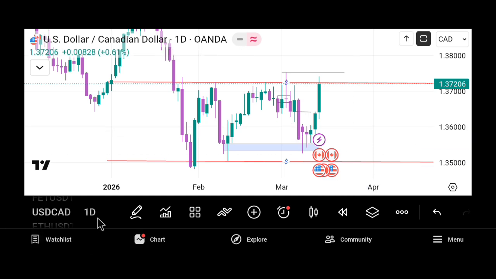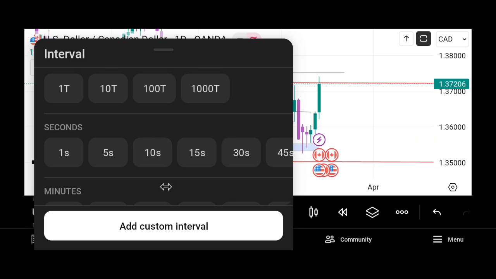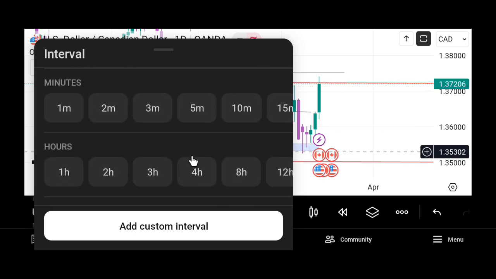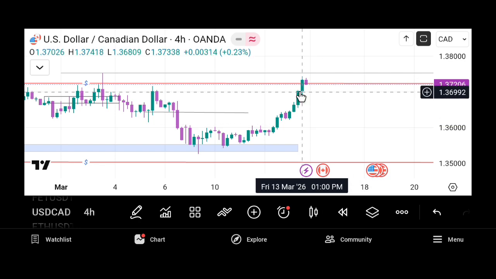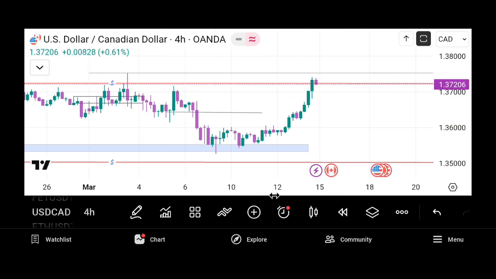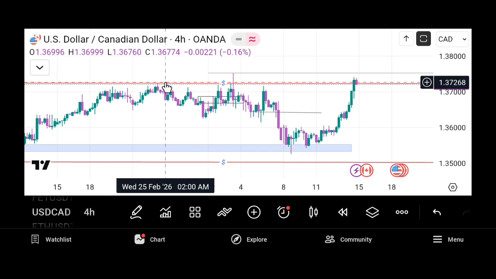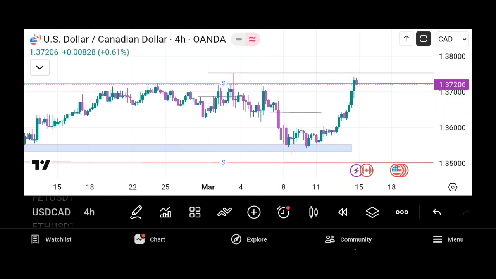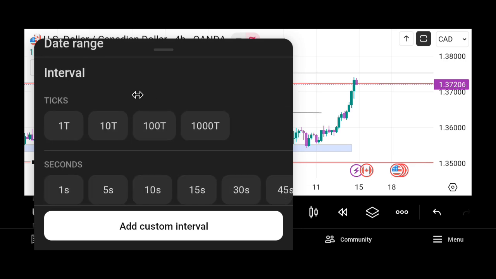Then on the 4 hours, you have this. So it's still reacting from this area that was taken. On the 4 hours, it's looking bullish also.